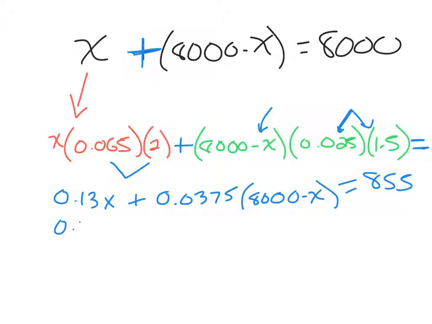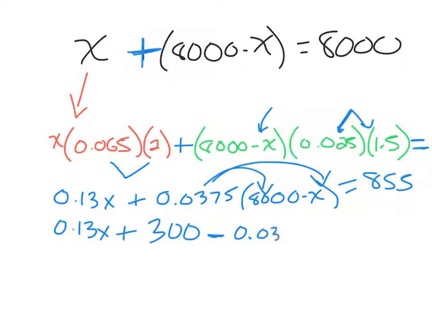So I'm going to leave my 0.13x alone right now before we do any adding. So 0.0375 times 8,000 is actually 300. So I'm going to write 300 here. And then 0.0375 times negative x is going to be negative 0.0375x. And all of this is equal to $855.